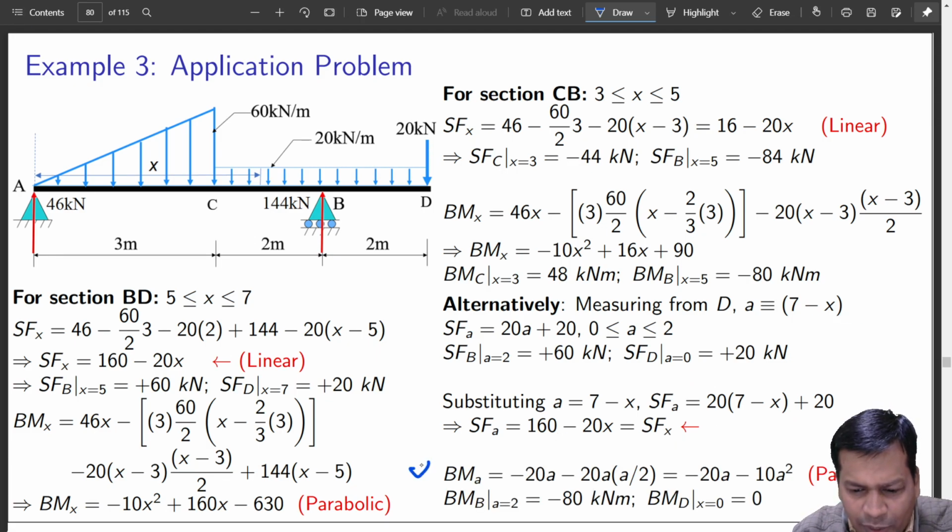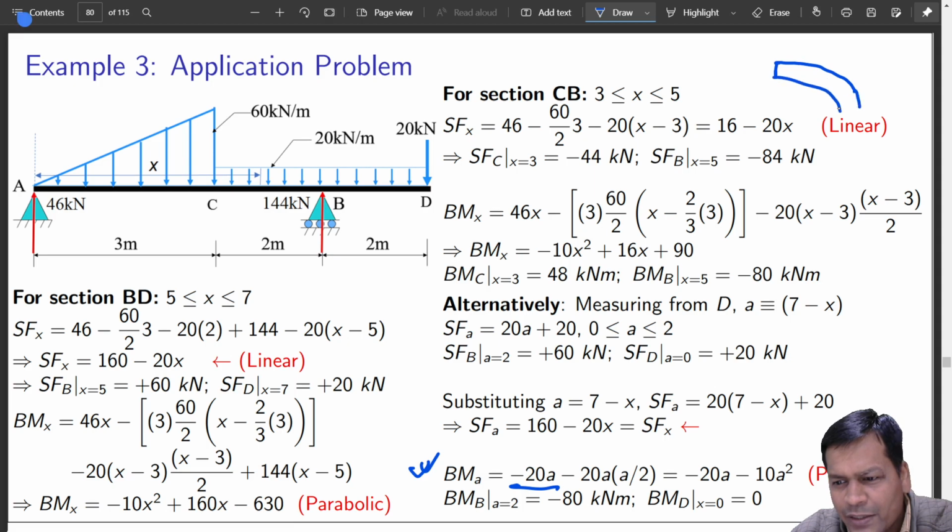Similarly, bending moment is minus 20 into A. Why is it minus? The load is trying to make it something like this, convex upward, so it is negative. So it is 20 into A, that is the bending moment, and then this 20, not this 20.